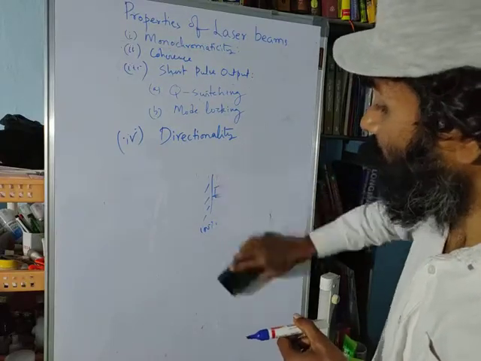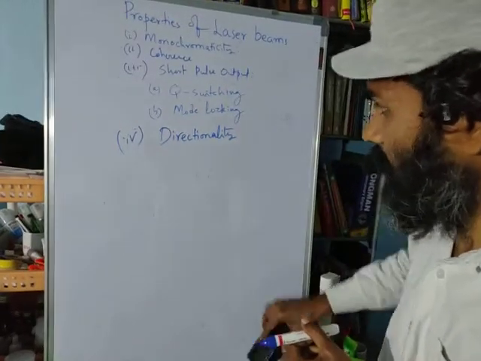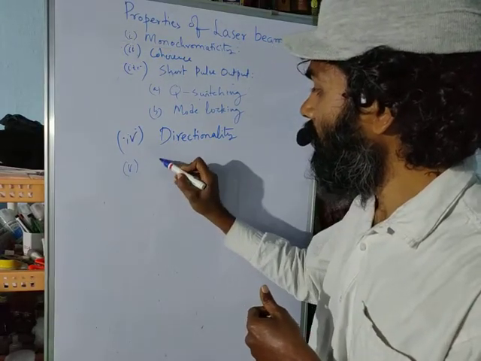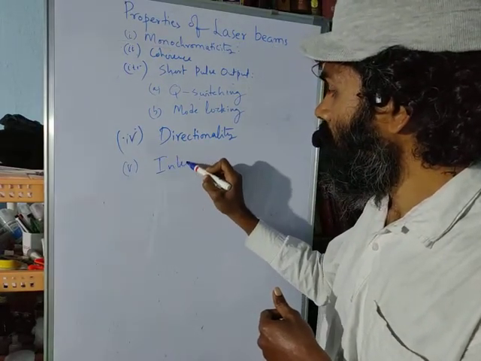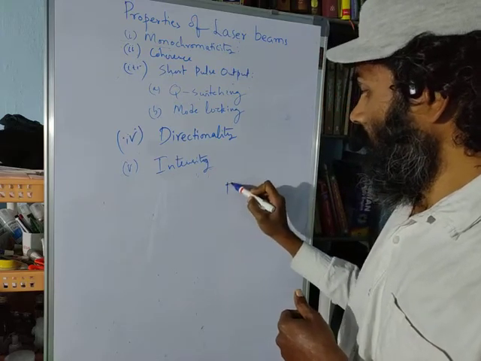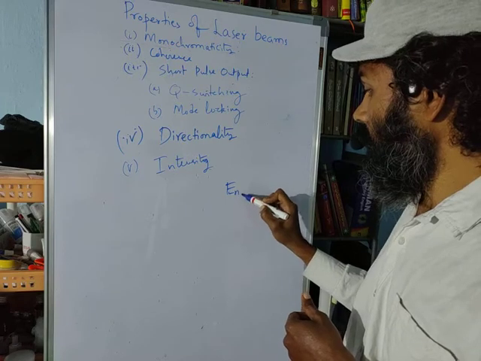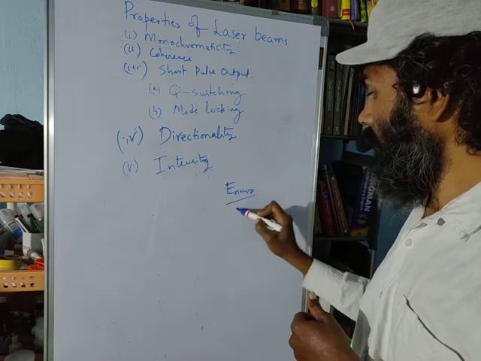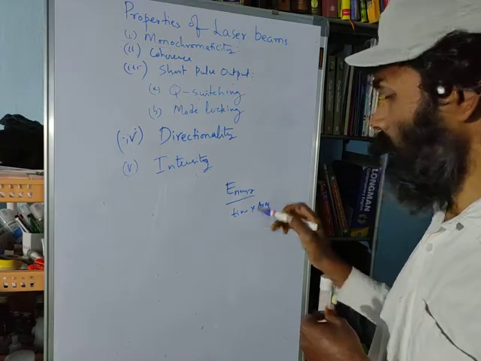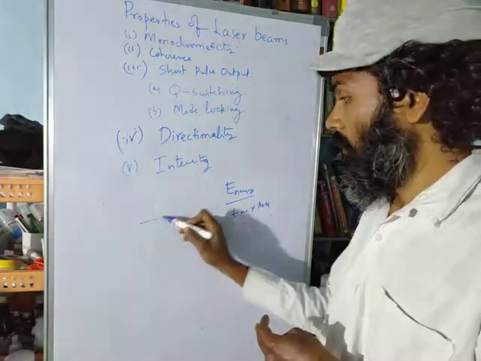So the next property which I want to talk about is intensity of the laser beams. Intensity is usually defined as energy of light divided by time into area, where the area is considered normal to the propagation of the laser or light beam.